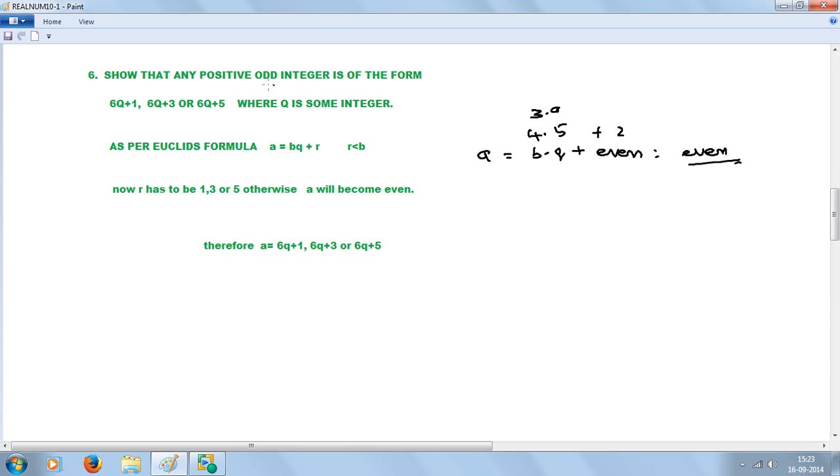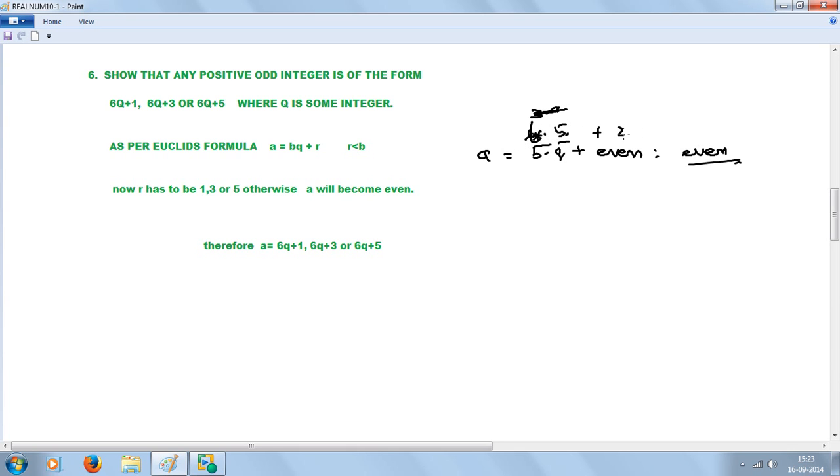For any positive odd integer of the form 6q plus 1, the 6 is fixed. 6 multiplied by any number is always an even number because 6 is there. If you add another even number, the total is even. Therefore 6q is an even number.